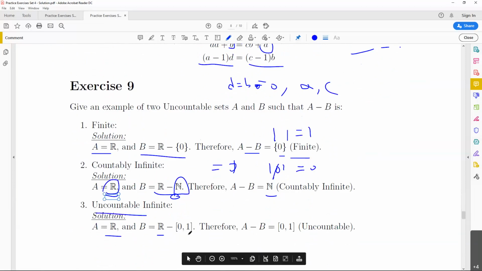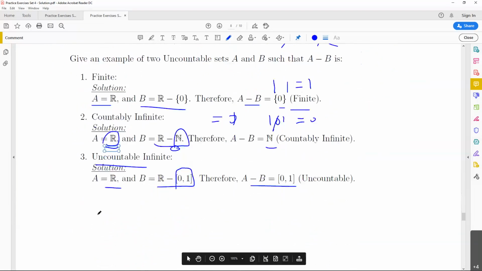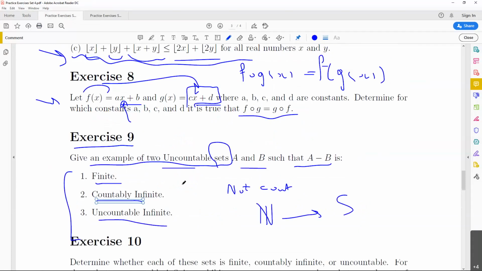R and R without 0, 1. You're left with 0, 1. Or you could have said, hey, A is R, B is 0, 1. A minus B is just going to be R minus 0, 1, which is also uncountable. A lot of different examples.